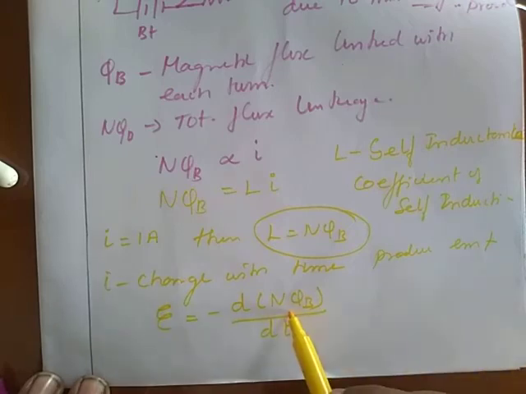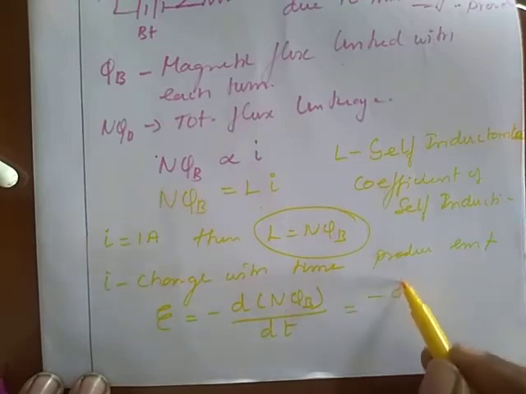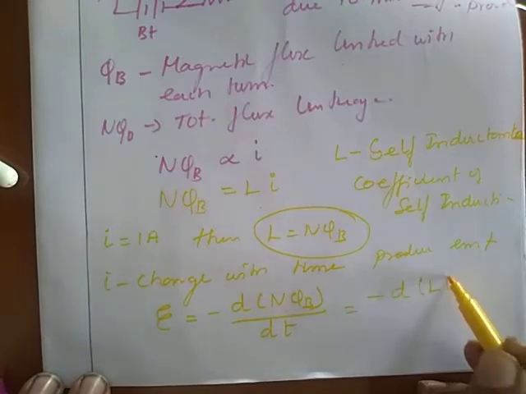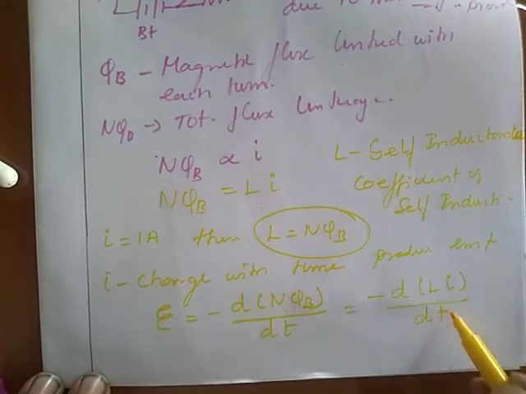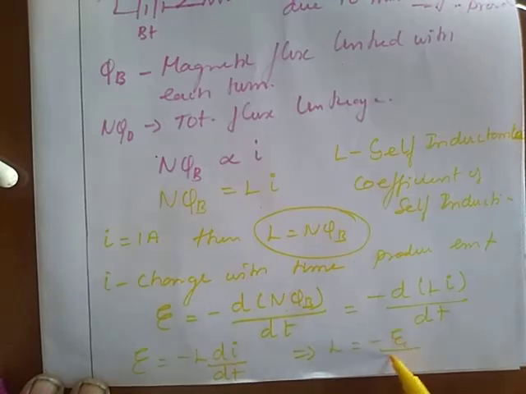We know N phi B is the flux linkage that is equal to LI. So we can rewrite this as minus d LI by dt. Here L is a proportionality constant, so taking it out of the differential, epsilon is equal to minus L dI by dt. Then we can write this as L is equal to minus epsilon by dI by dt.